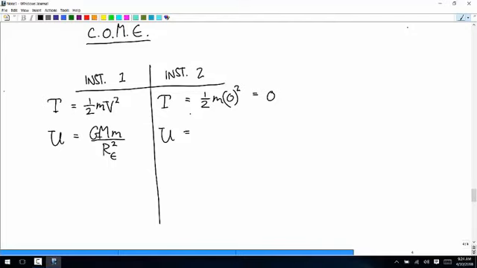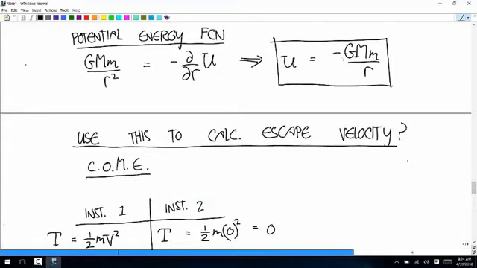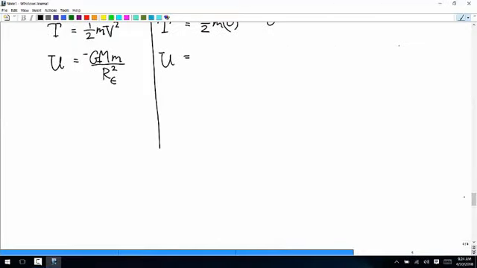Maybe I'll call it h, that highest height. Oh, these are supposed to be negative, because that's what the potential energy function is. Oh, and it also shouldn't be squared. Sorry, I was thinking of the force. This is the potential energy function.